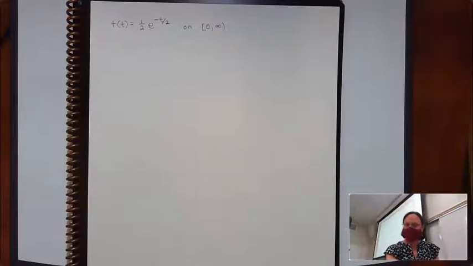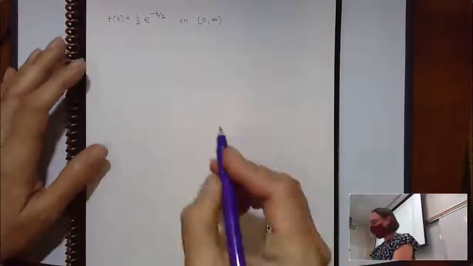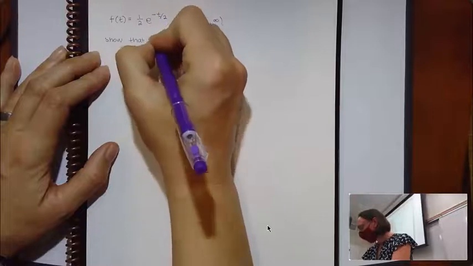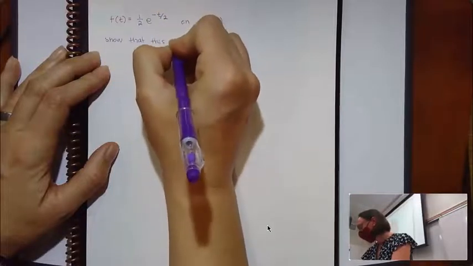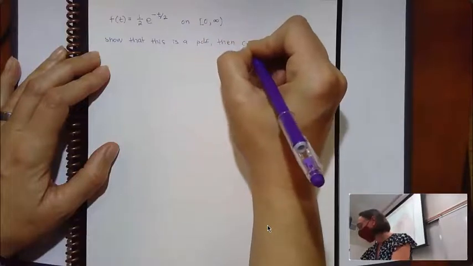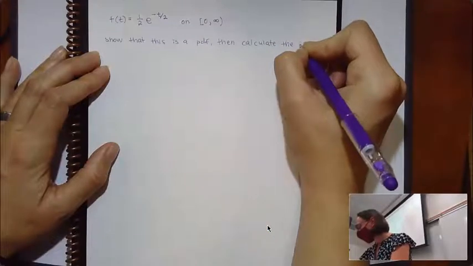And what I want to do first is to show that this is a probability density function. So let's show that this is a PDF. Then calculate the mean.